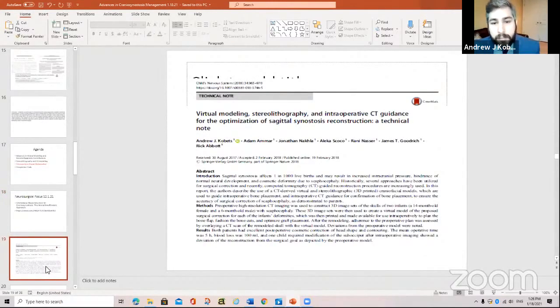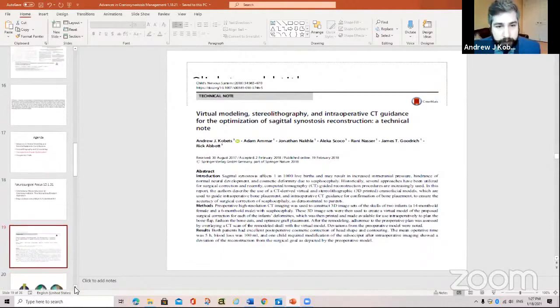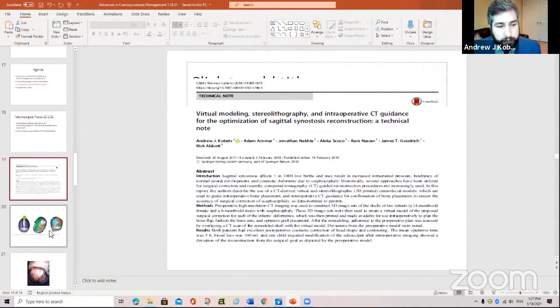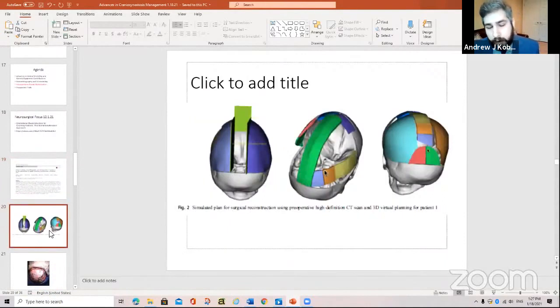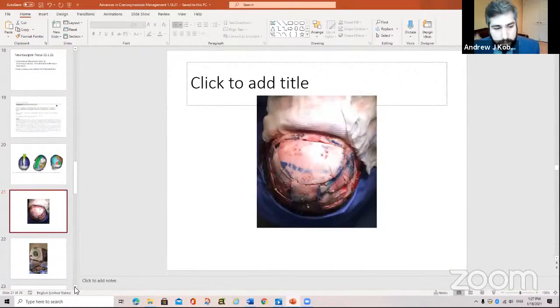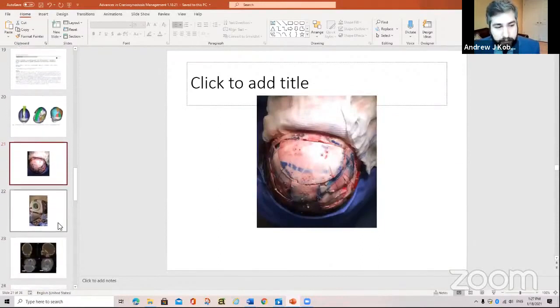We've also had a couple of advances in terms of our ability to provide a greater evaluation of our correction intraoperatively, and we've been leading the charge in this in the literature. This was a paper from Child's Nervous System in the last few years. After our virtual modeling preoperatively, we then perform our reconstruction in the OR, as seen on the previous video.